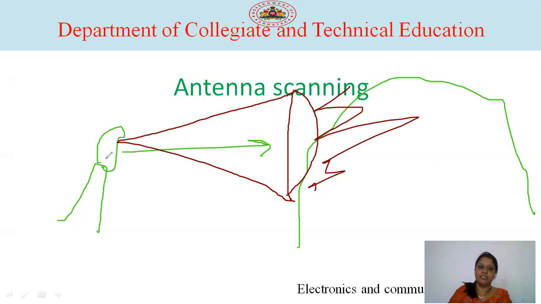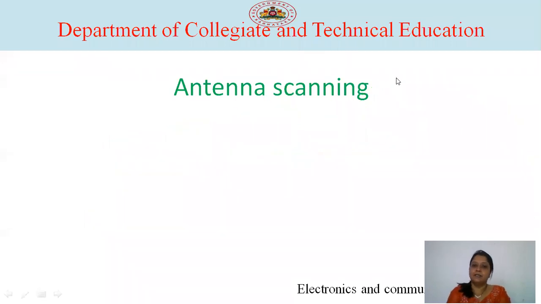But if it is a sharp narrow beam, only a limited area is covered at a time. Therefore, in the case of the search radar, the wide beam shaped signals are used.